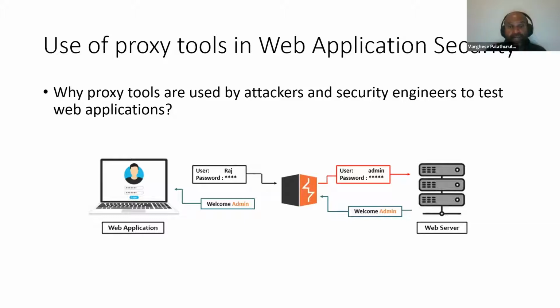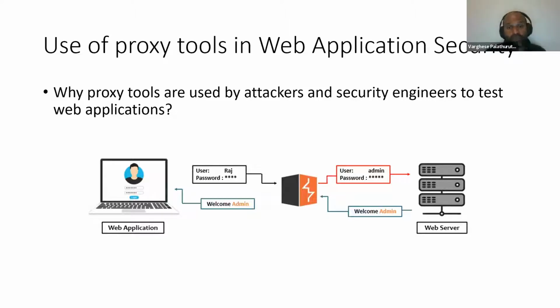What attackers, and even security testers during their pen test, do is use some way to inspect the web application on the web browser, inspect the data that is being submitted, and then manipulate it before it goes to the backend server. So to automate a lot of these processes, they use something called a proxy tool.